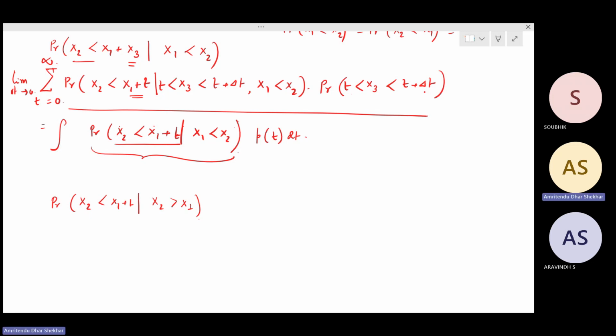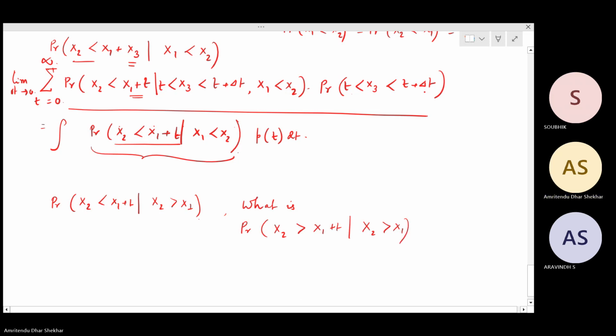So instead of computing this, let's compute the complement of this term. So the complement is the probability of x2 greater than x1 plus t, given that x2 is greater than x1.